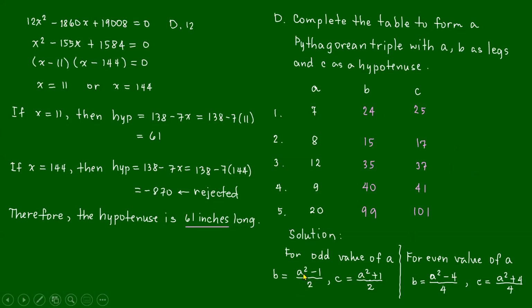If A is given, I use this formula to find B and C. If A is even, I use this formula. And I came up with these values. So these are Pythagorean triples: 7, 24, 25; 8, 15, 17; 12, 35, 37; 9, 40, 41; 20, 99, 100.